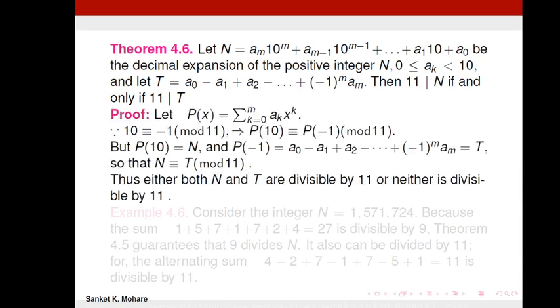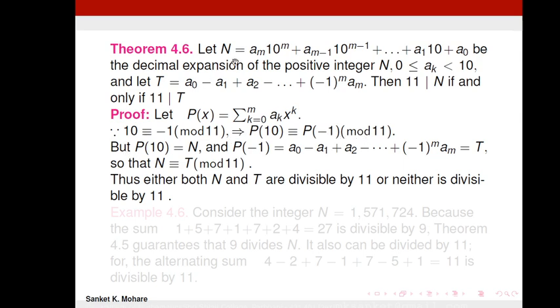Assume p(x) = summation k varies from 0 to m of a_k x^k. Because 10 is congruent to -1 modulo 11. Is it congruent? Yes, because the difference is divisible by 11. So 10 is congruent to -1 modulo 11. This implies p(10) is congruent to p(-1) modulo 11.